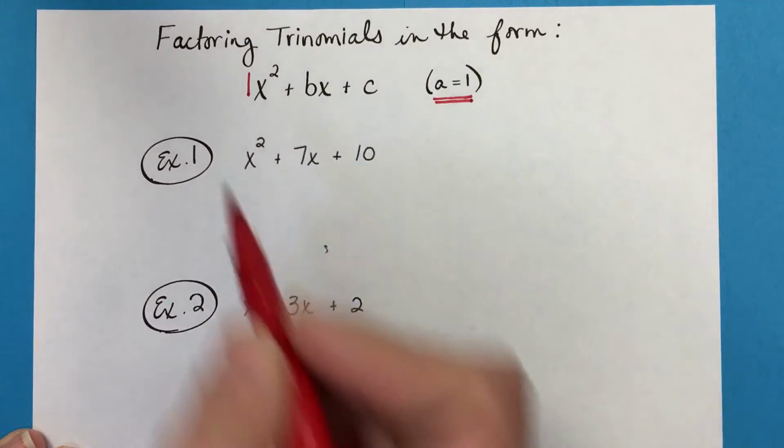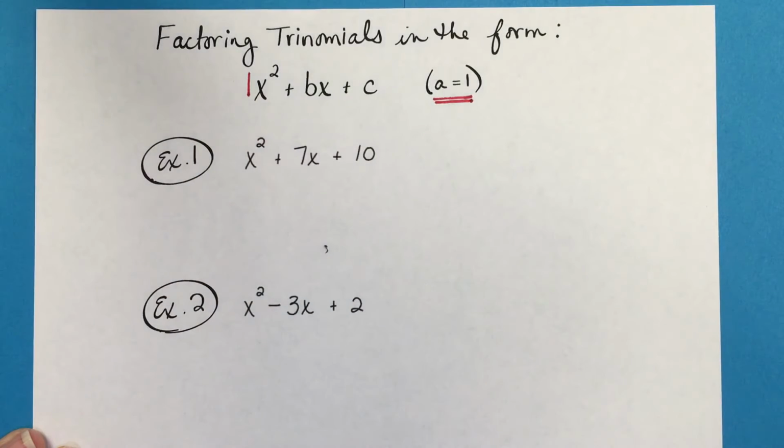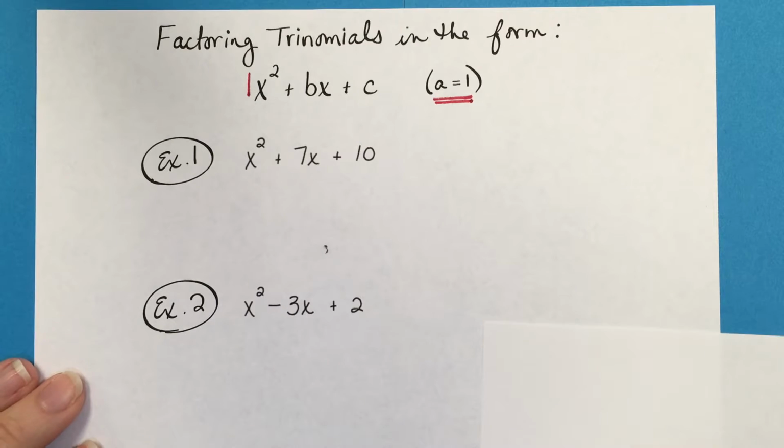So these examples will all have a positive 1 in front, and that's always the easier type of trinomials to factor.